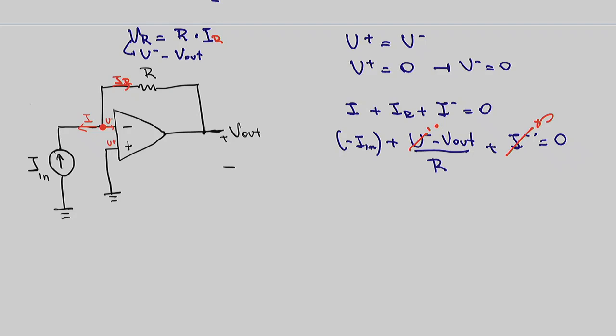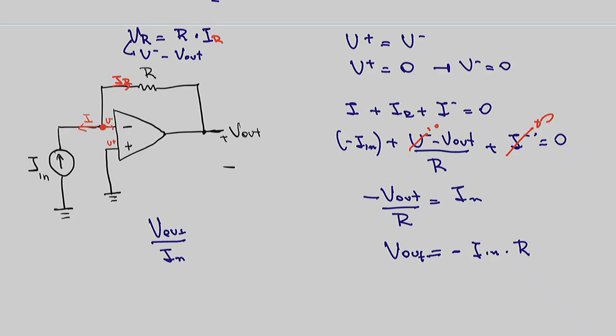That leaves us with minus V out over R being equal to I in, which means that V out is going to be minus I in times R. And when we do V out over the input, the gain, typically we write V in, but in our case the source was a current source, it is equal to minus R.